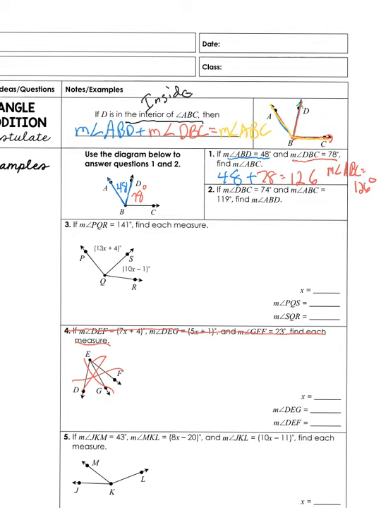So number 3, if the measure of angle PQR is 141 degrees, that's the entire thing, find each measure. So I have two separate parts.